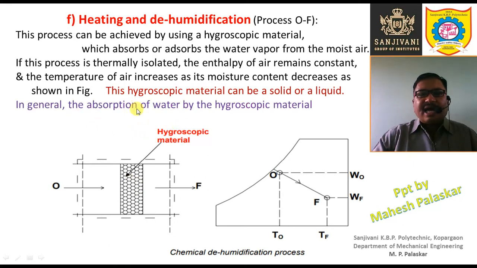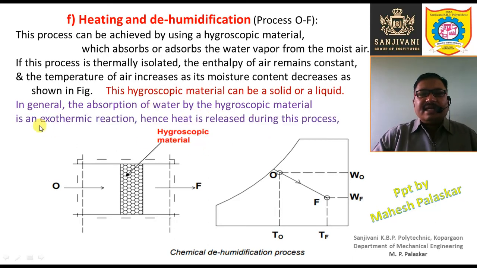Now in general, the absorption of water by the hygroscopic material is an exothermic reaction. Now why does the dry bulb temperature increase? The reason is that the absorption of moisture or water by the hygroscopic material is an exothermic reaction.